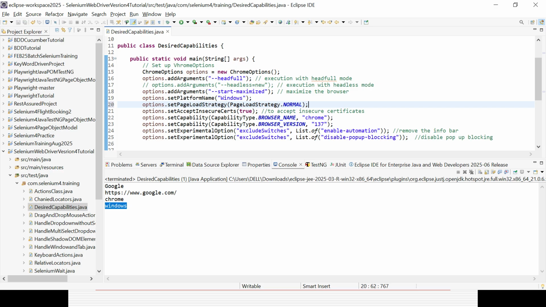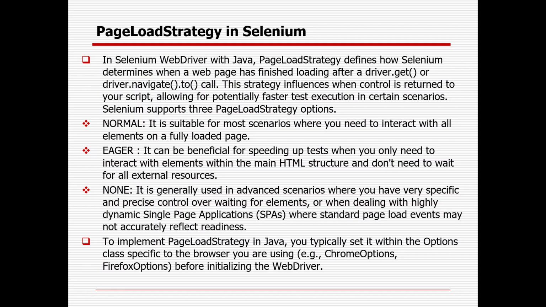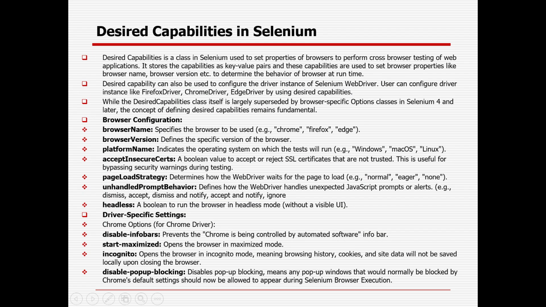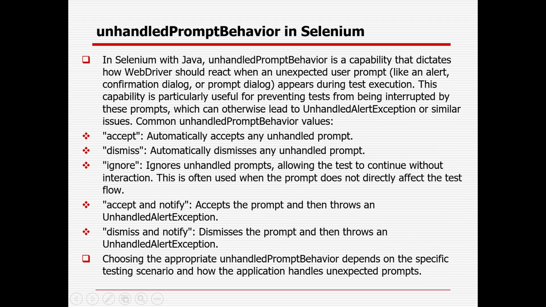Okay. The last important thing we learn today is how to use the unhandled prompt behavior. It defines how the WebDriver handles an unexpected JavaScript prompt or alert. Examples: dismiss, accept, dismiss and notify, accept and notify, or ignore. In the last slide I mentioned what this is all about.